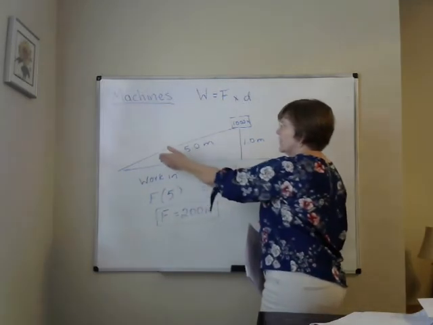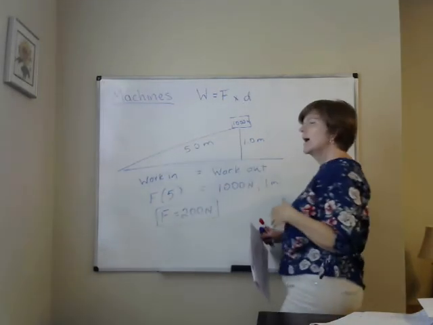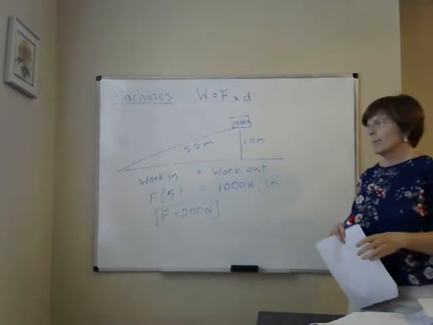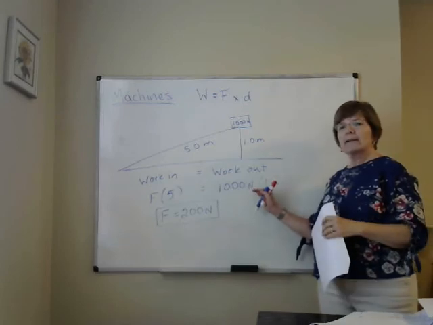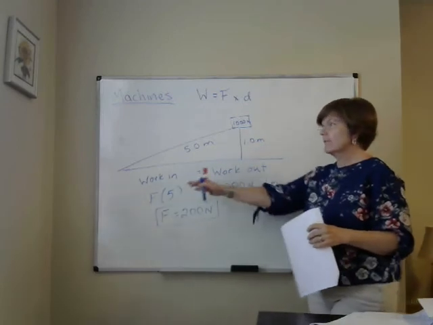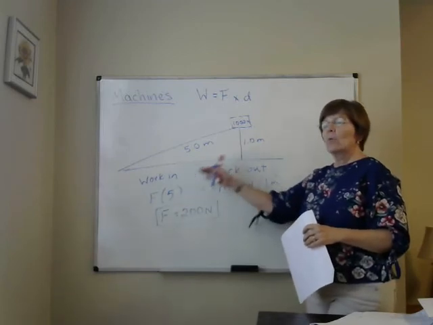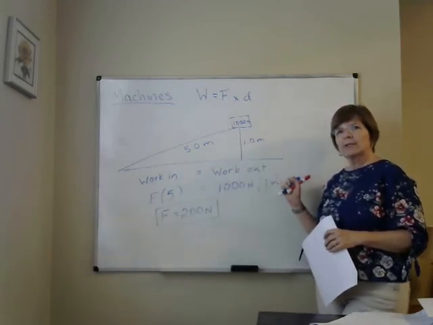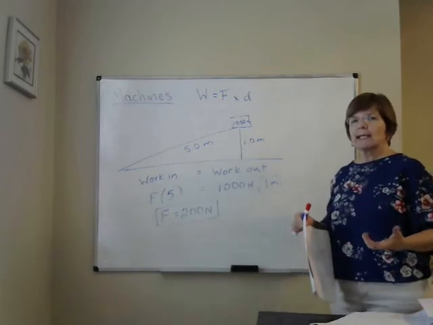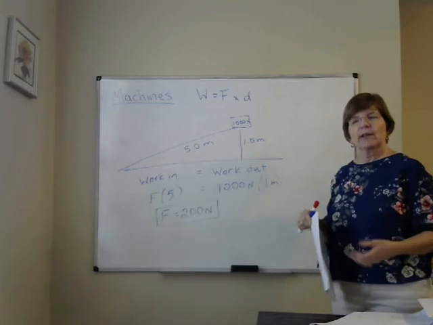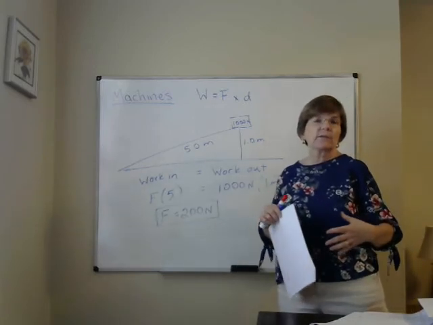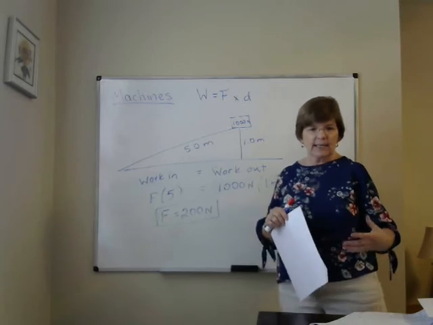Well, if I did 250 newtons for 5 meters, I would have put in 1,250 joules of work, but I would have only gotten out 1,000 joules of work accomplished. What happened to the rest? 1,250 joules of energy in, 1,000 joules of energy out. Well, that 250 joules was turned into heat by friction. Friction does a lot of work turning mechanical energy into heat.